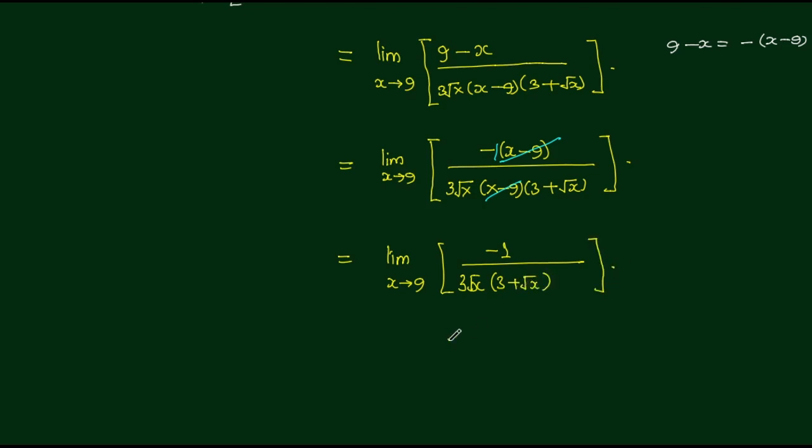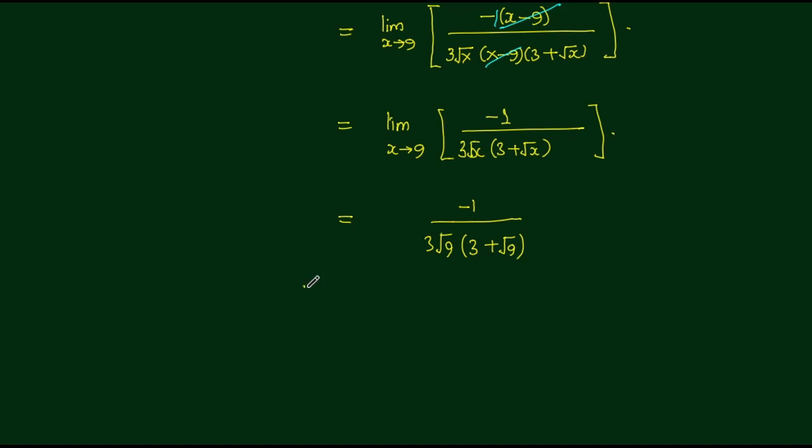So we can close up this and make our substitution, because the numerator is already cleaned up, and we have negative 1 divided by 3 times the root of 9, times 3 plus the root of 9.